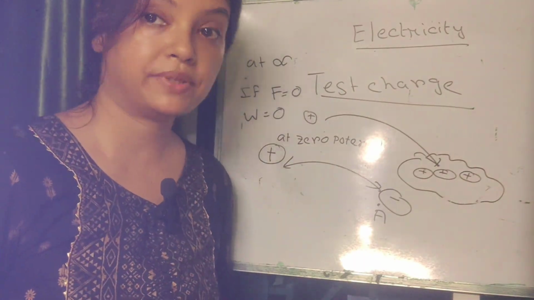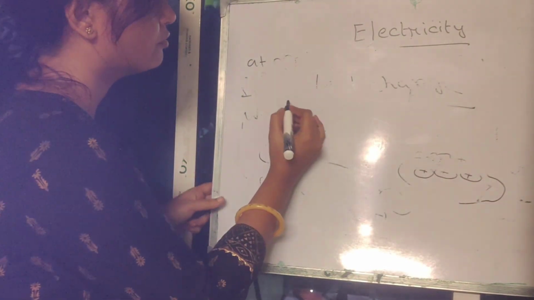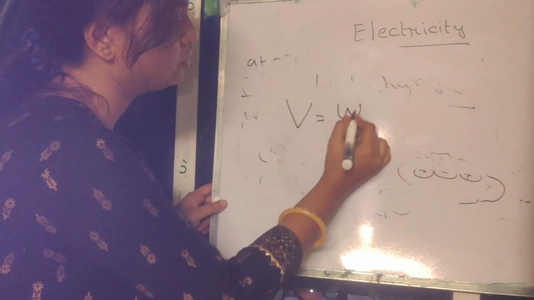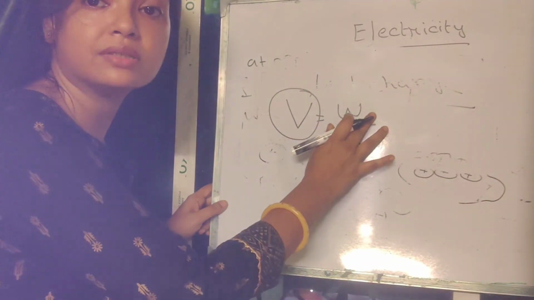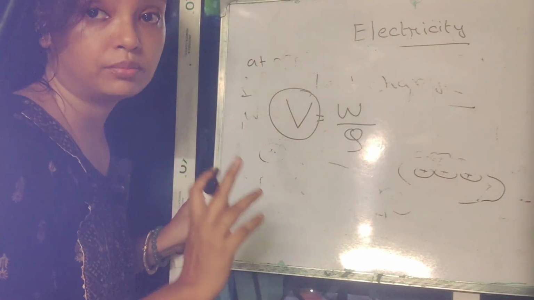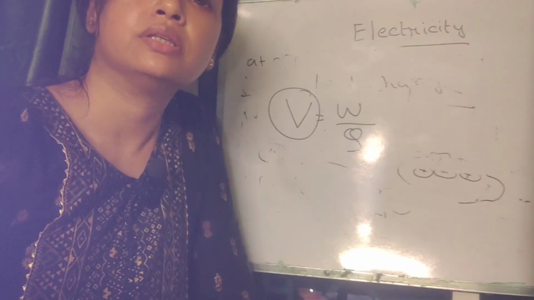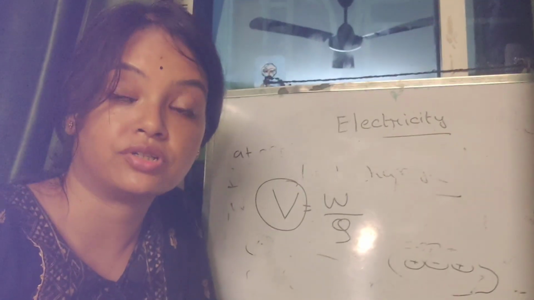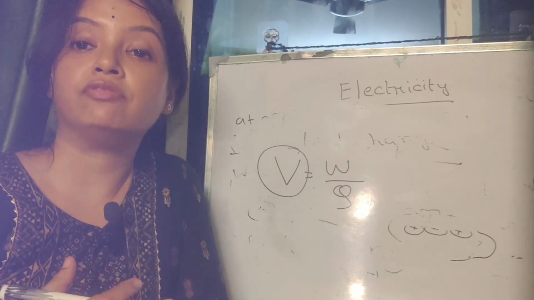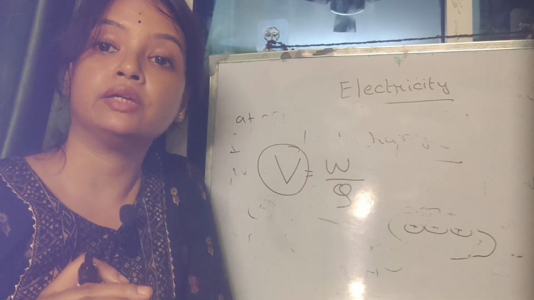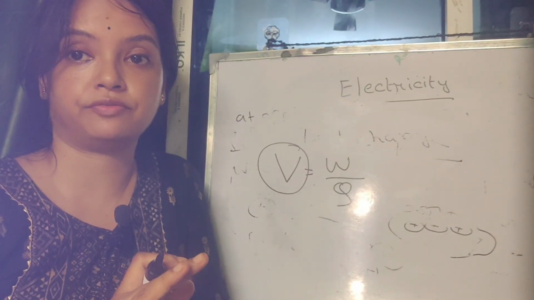And this is represented by V equal to W by Q, where V is the potential, W is the work done, and Q is the positive charge. One more thing here: according to the convention, the test charge is defined as positive. This is to avoid confusion, so universally it is mentioned that the charge should be positive.